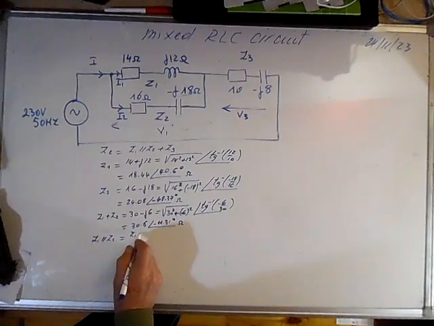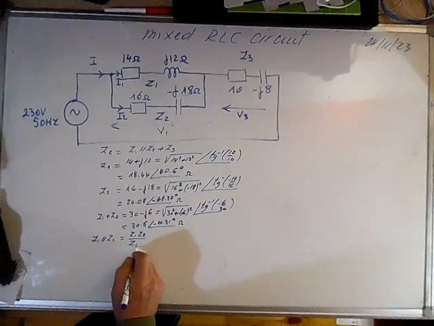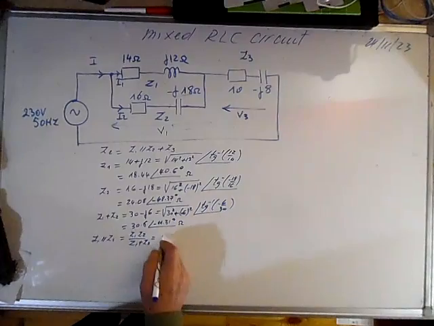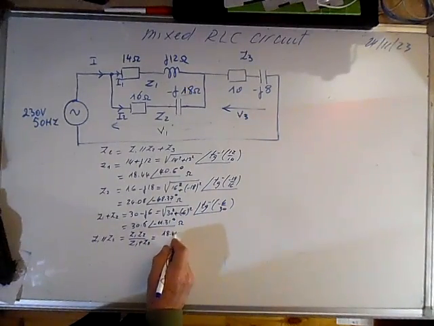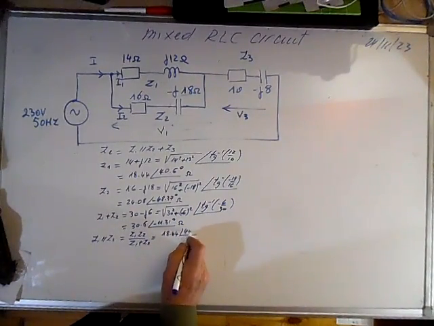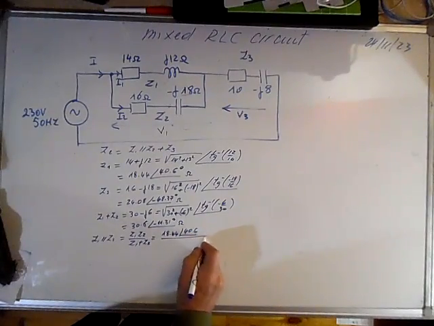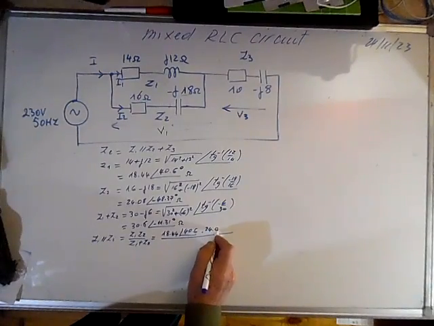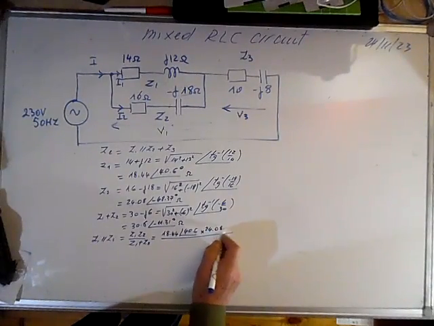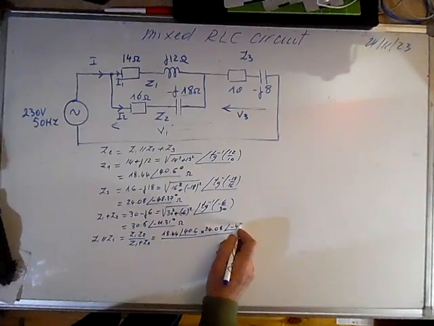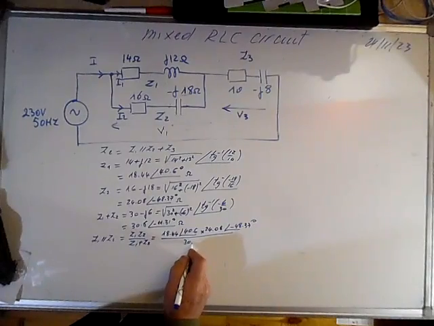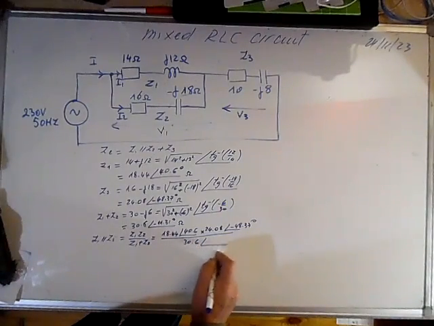Now we can calculate Z1 in parallel with Z2. This is Z1 times Z2 over Z1 plus Z2. So Z1 is 18.44, argument 40.6, times Z2, which is 24.08 and argument minus 48.37 degrees, over 30.6 minus 11.31 degrees.